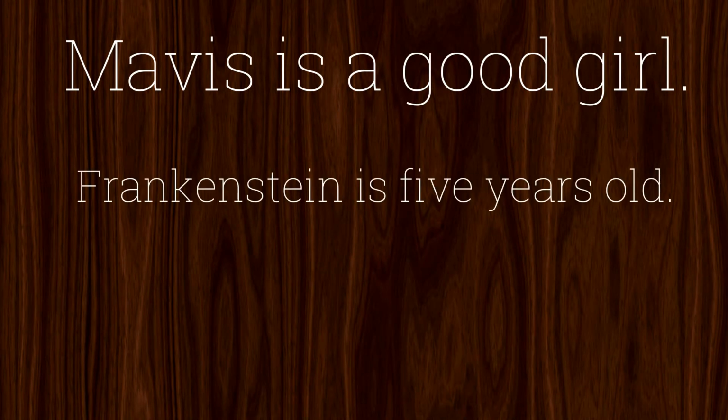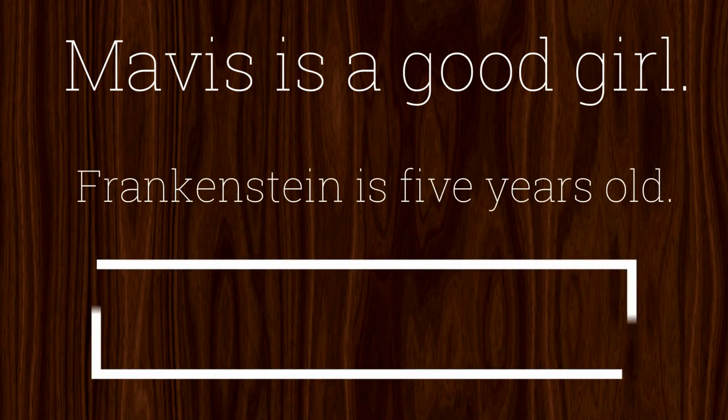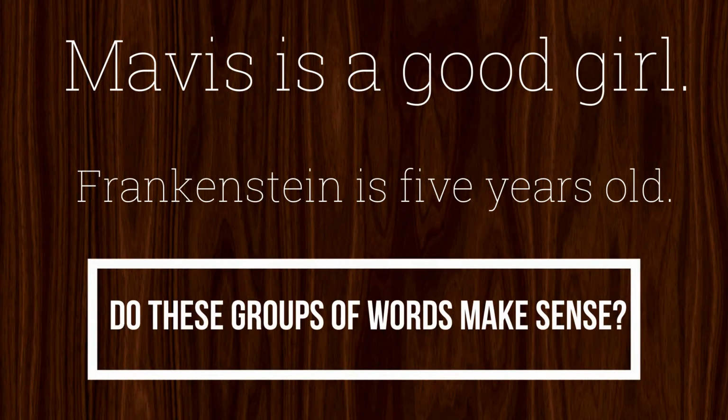Mary is a good girl. Frankenstein is 5 years old. Do these groups of words make sense? Yes, they make complete sense. So, we see when words are placed in a proper order, they make meaningful sentences.